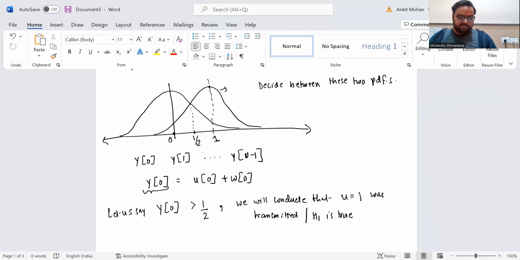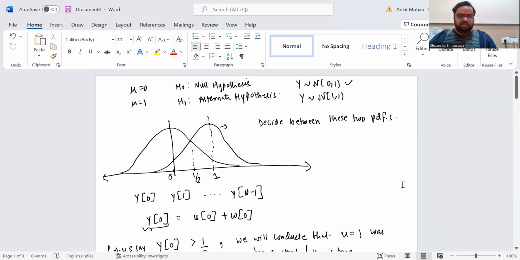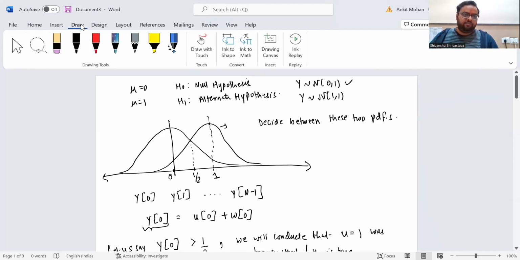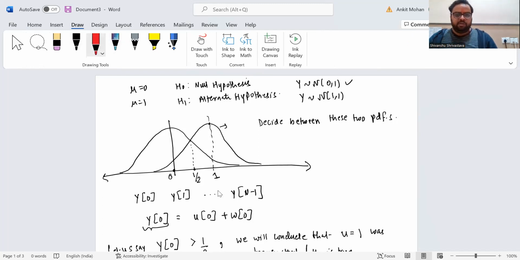Likewise we have the other case. We have said the threshold value here is 1 by 2, and on comparing with 1 by 2, if y0 is greater than 1 by 2, now let us say that in the actual case H0 was transmitted. Let's consider the case that H0 was transmitted in actuality.